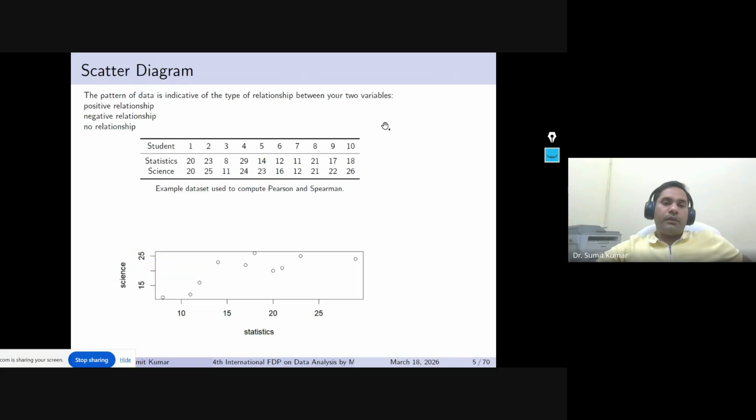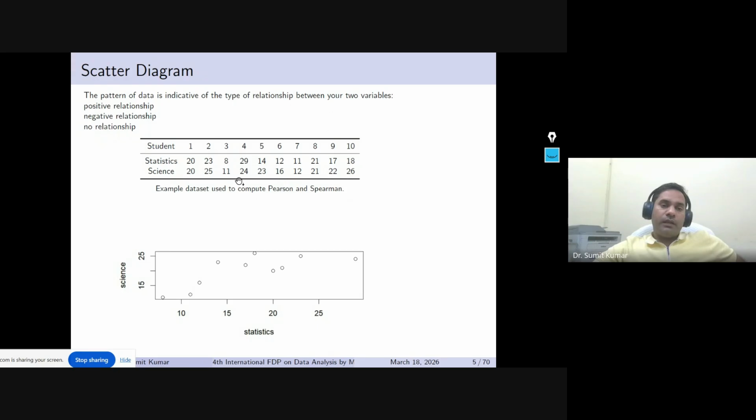The scatter diagram is one of the graphs or plots where you can check the relationship between two variables. In correlation, there is no dependent or independent variable; you can find the correlation of x and y, or of y and x, and both will be the same. For example, we have considered this example for the numerical purpose in R and here also.